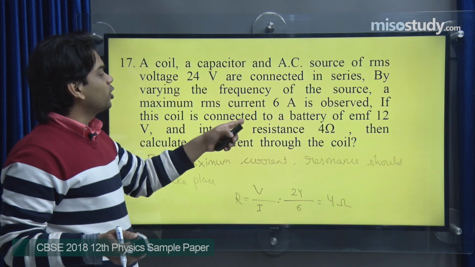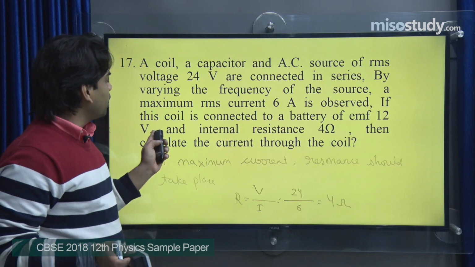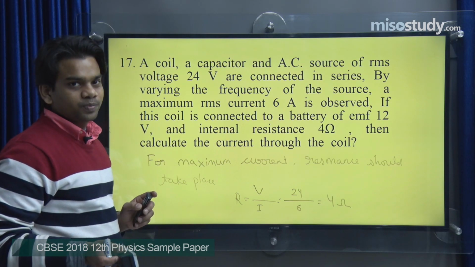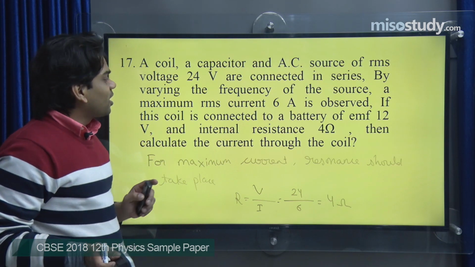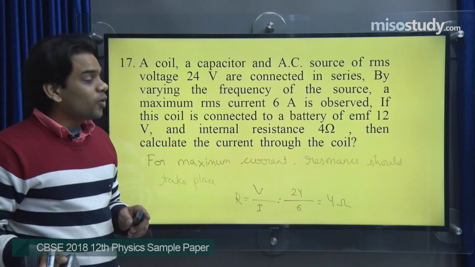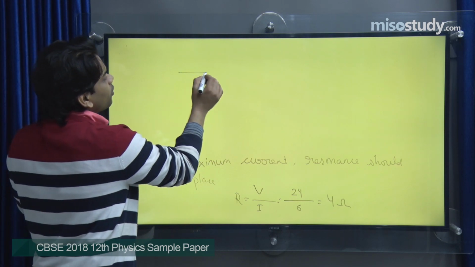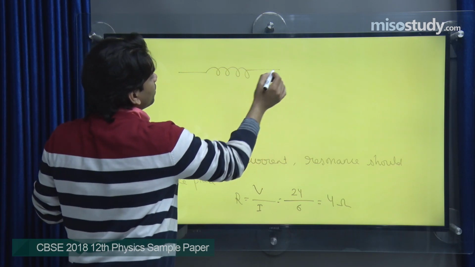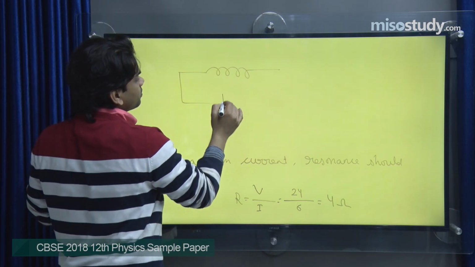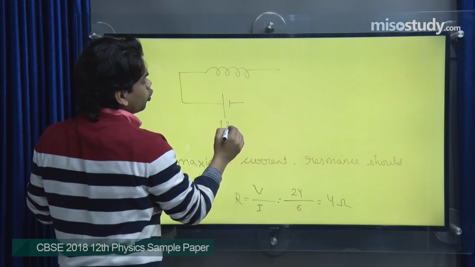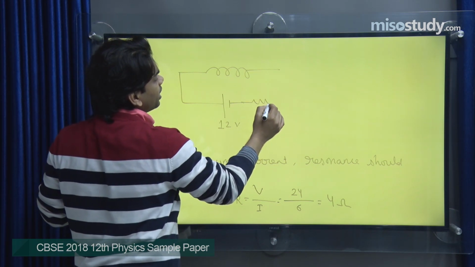If this coil is connected to a battery of EMF 12 volt and internal resistance 4 ohm, then calculate the current through the coil. Now we are going to connect this coil with a battery of EMF 12 volt and some internal resistance.